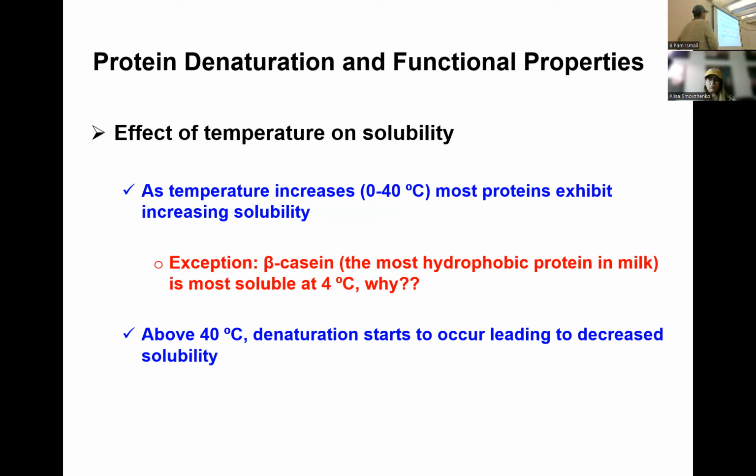Okay, above 40 degrees, depending on the protein you're working with, you start having some denaturation. And that's when we start seeing a decrease in solubility. But that's different for different proteins. Sometimes you run protein solubility and you find that protein solubility is actually enhanced after heating, at 80 degrees for 30 minutes.